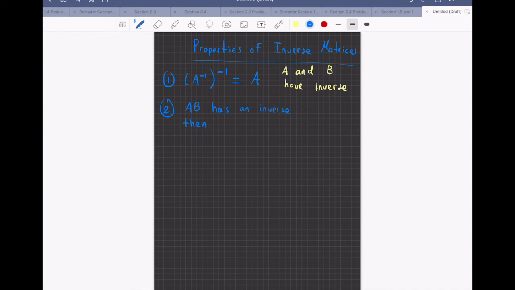Then the inverse for the product is equal to B inverse times A inverse. Number 3, a constant K times A, its inverse is equal to 1 over K times A inverse, where K is a real number.